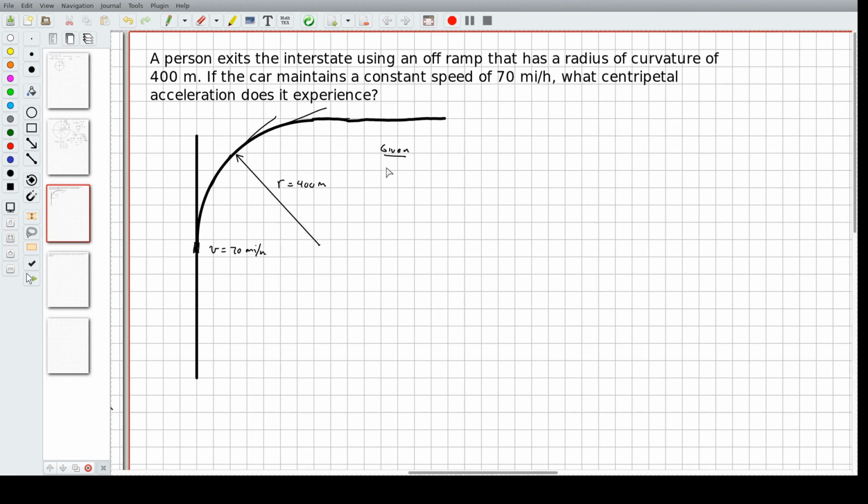So here, we're given that the speed is 70 miles per hour. We're also given that the radius of curvature of your exit is 400 meters. Now let's take your speed and do a quick conversion. Let's see here.